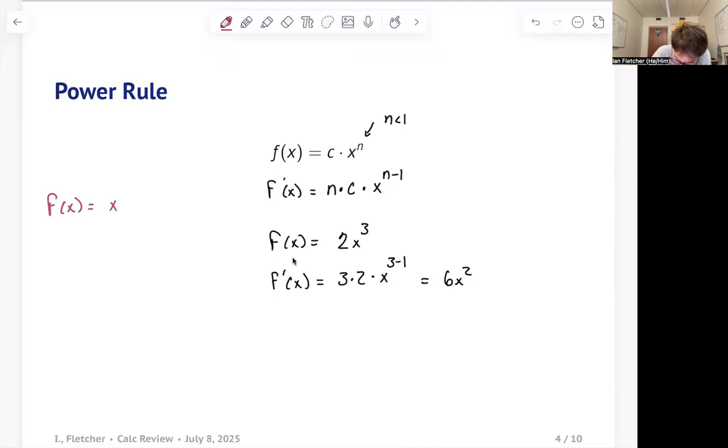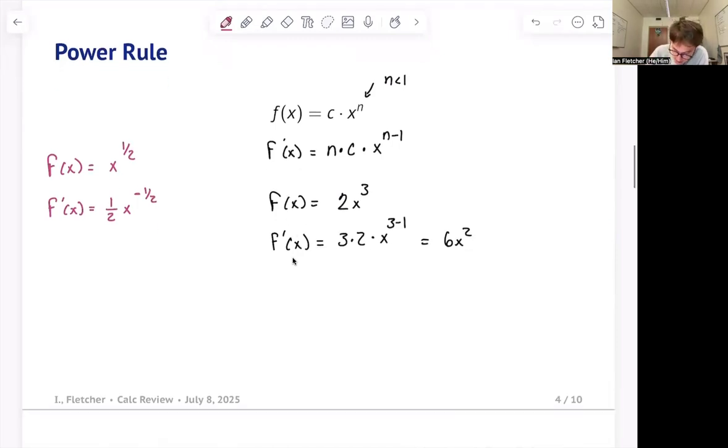If you notice, when we go to f prime of x and we drop this 1/2 down in front, we get a negative 1/2 in the exponent. So we get a minus sign in the exponent. Do not panic. The only thing that changes is that we just need to flip this minus sign underneath and make it positive, and we're good to go, right? This would be if n was greater than 0 but less than 1.